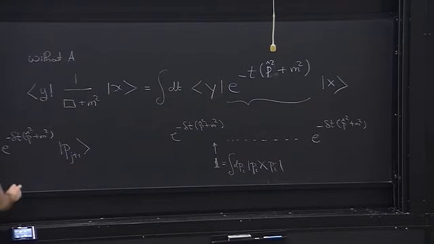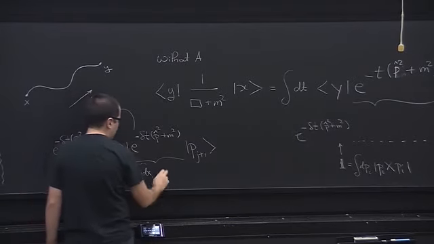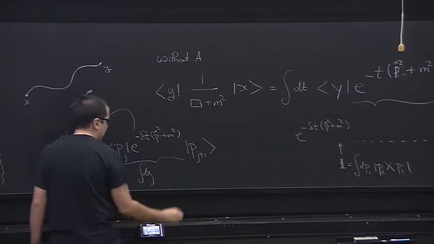How would we compute this? The exponential acts on p_j and comes out as a number, e to the minus delta t (p_j square plus m square). Then I get <p|p>, and to compute it I write an integral dx_j, inserting a complete basis in x space.